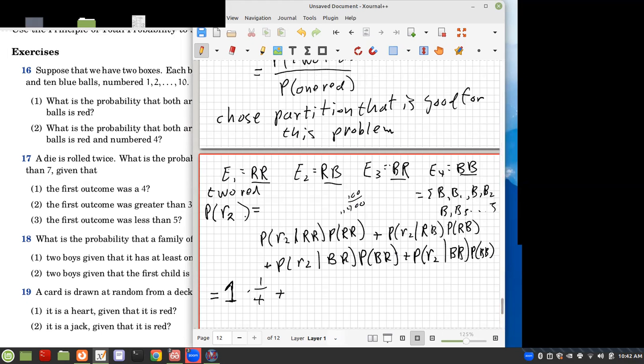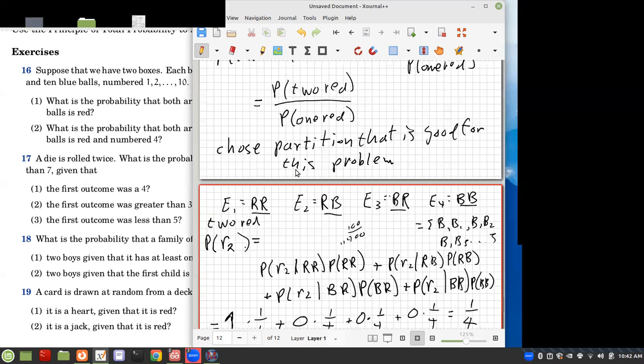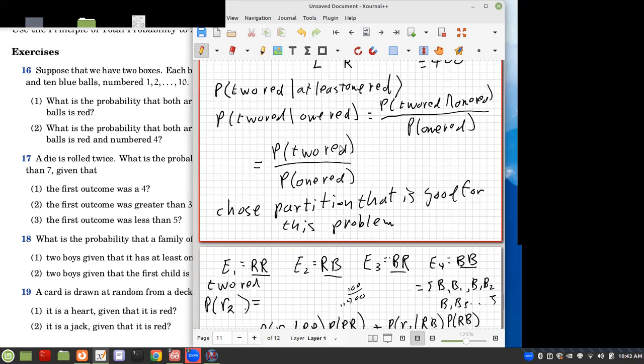This will be plus the probability that you get 2 reds, given that the left was a red and the blue was a right, is 0, times 1/4, because each of these is 1/4, plus 0 times 1/4, plus 0 times 1/4 for this last one. So the answer is going to be 1/4. Well, that's just in this context, that's the numerator up here.